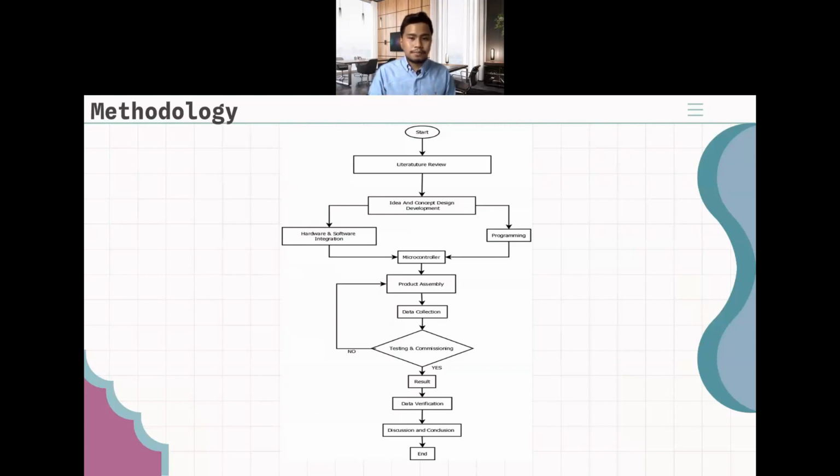After settling the microcontroller, I make the product assembly. After the product assembly, the next part is testing and commissioning. If the testing fails, it returns to product assembly. If the testing goes smoothly, it proceeds to result and data verification. After that, we make the discussion and conclusion. That's all for the research flowchart.